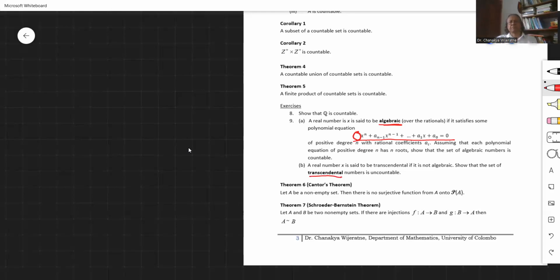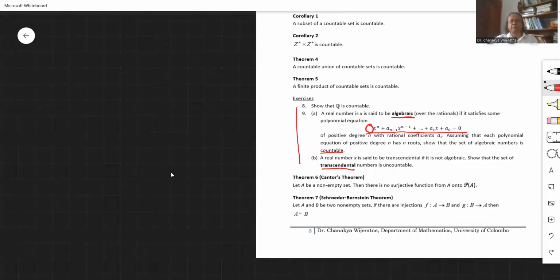Now you might think that the numbers that are transcendental had to be few, but that is not true. In fact, algebraic numbers are countable and transcendental numbers are uncountable. So I'm going to leave these two exercises for you, and then we'll prove Cantor's theorem.